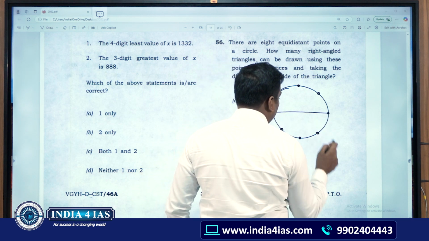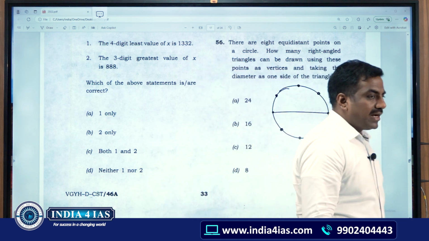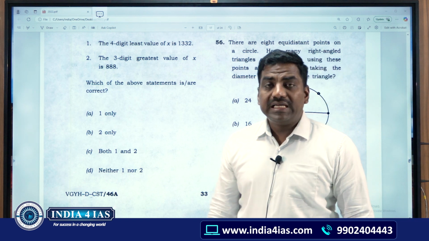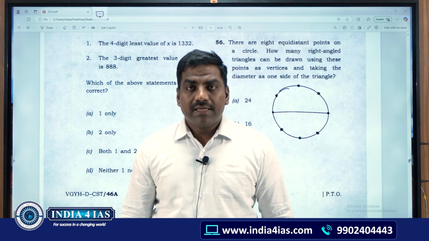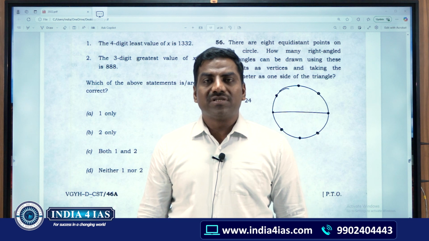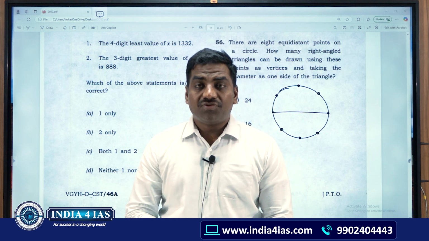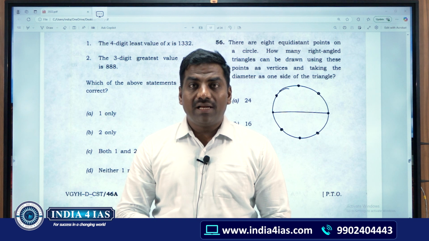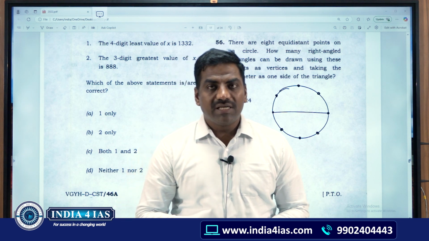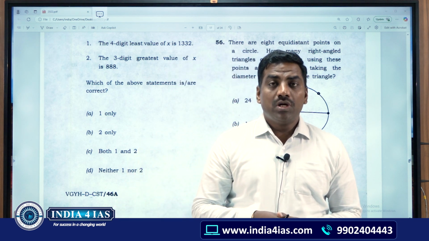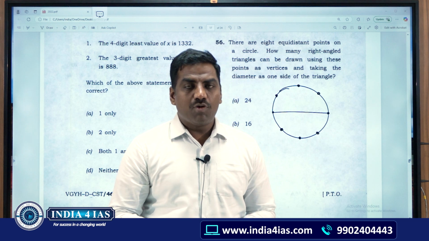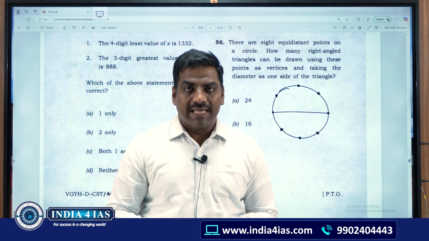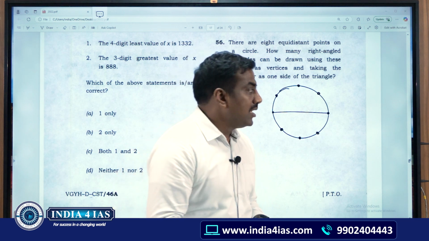Whenever you want to draw a right angle triangle inside a circle, it is inherent that the diameter will be the hypotenuse of that triangle. That is the longest side that we can have in the circle.